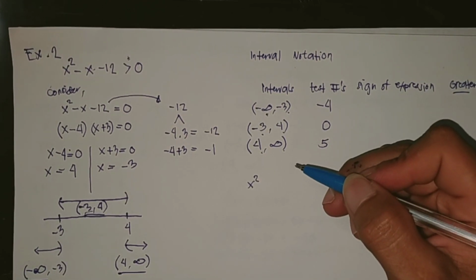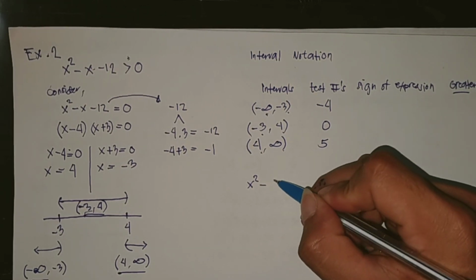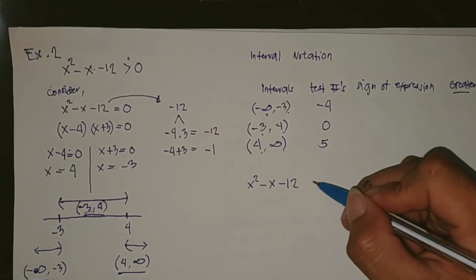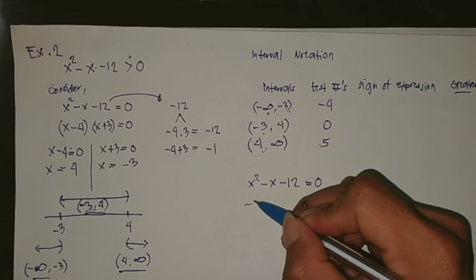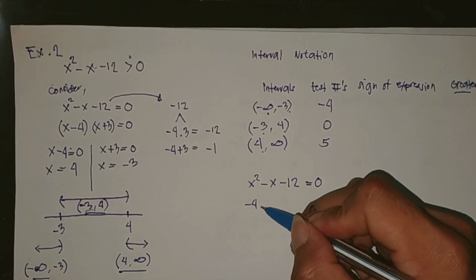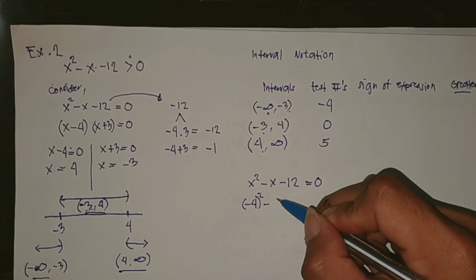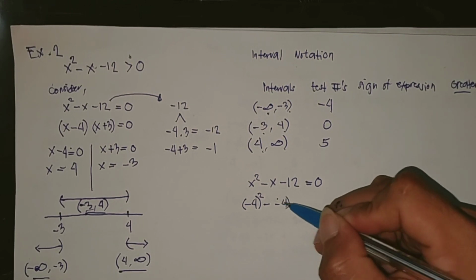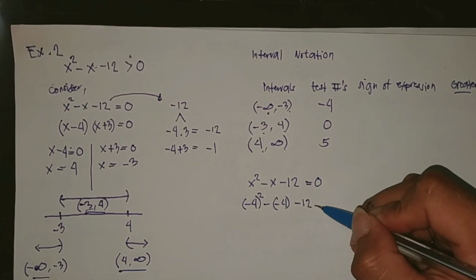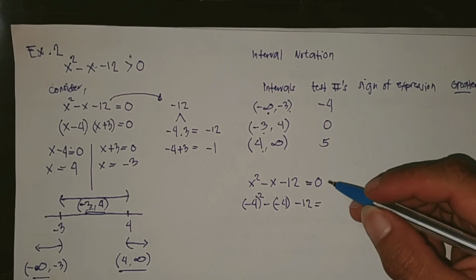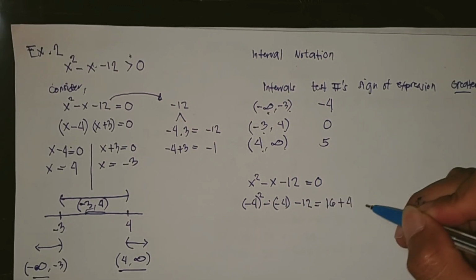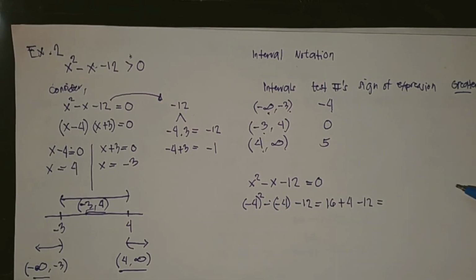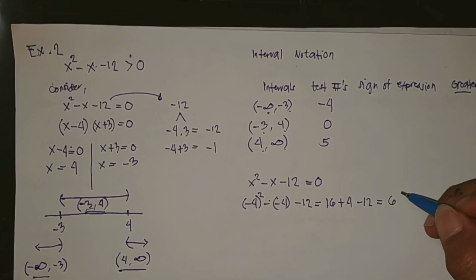Write the quadratic expression and substitute the test numbers. We have negative 4 raised to the power of 2 minus negative 4 minus 12. We have 16 plus 4 minus 12 equal to 8. The first sign of expression is positive.